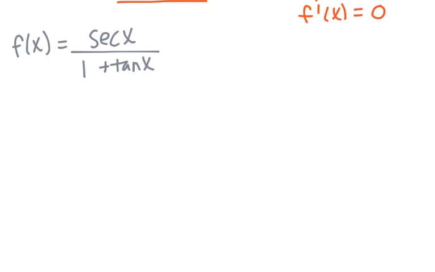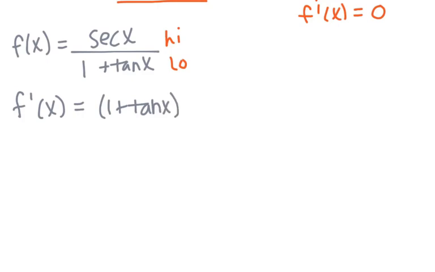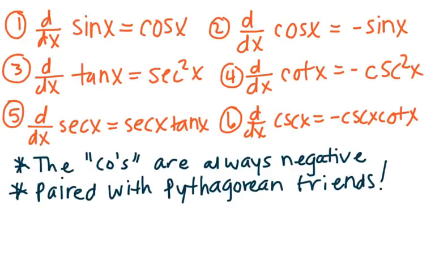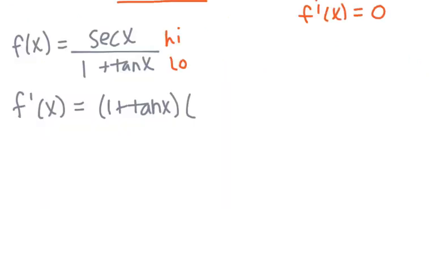Alright, so again, this is our original function. We're taking the derivative, and we're definitely going to have to use the quotient rule here. So this is my high, this is my low. Alright, let's do this. So low, d high, derivative of secant. That's going to be secant x tan x.